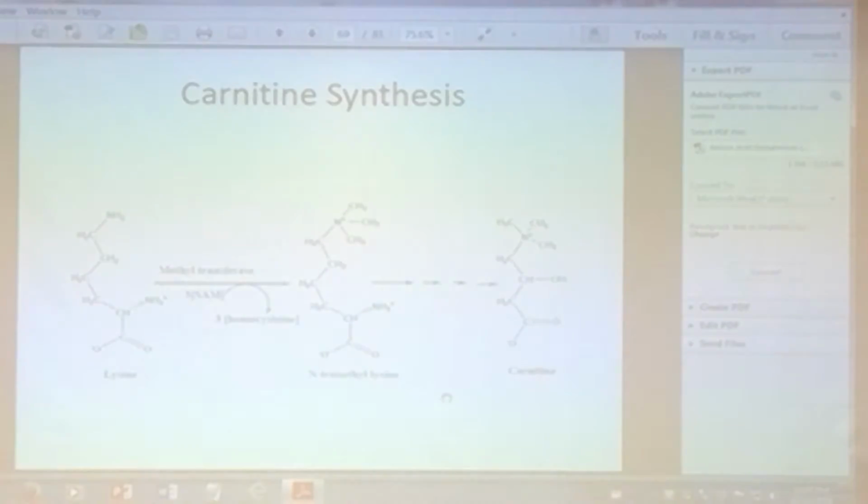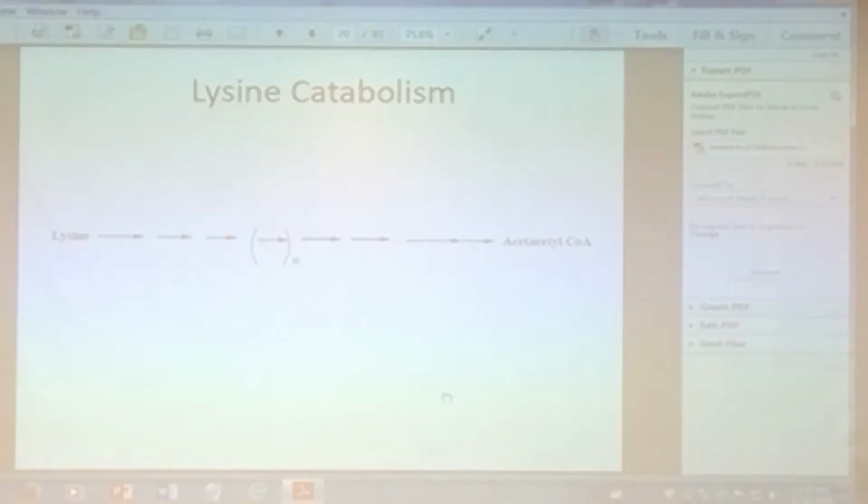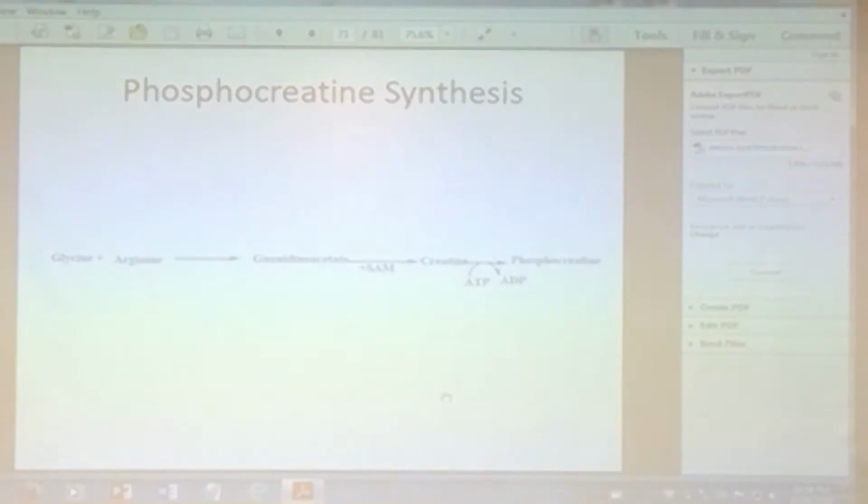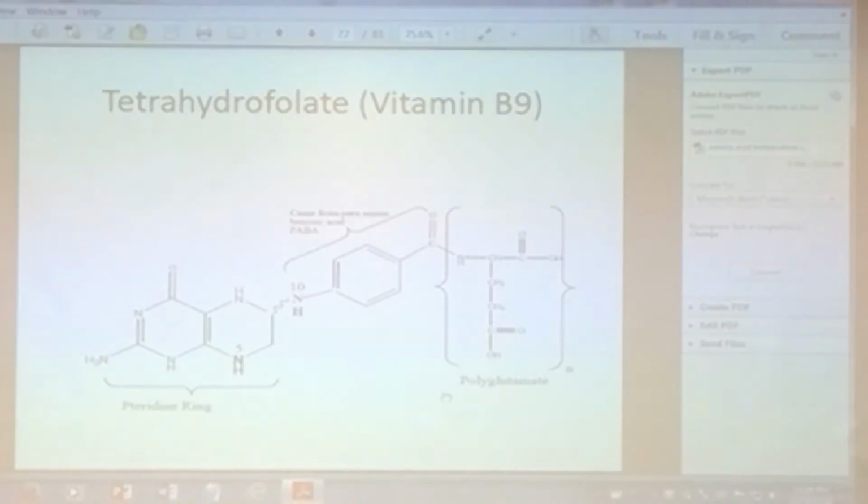Okay. Carnitine is the compound that is usually added on to the fatty acid, and you require that for beta oxidation. Lysine is the precursor. Lysine can be catabolized all the way to acetoacetyl-CoA, eventually acetyl-CoA, and it's one of the pure ketogenic compounds, right? Leucine and lysine. Phosphocreatine, you require lysine, arginine.